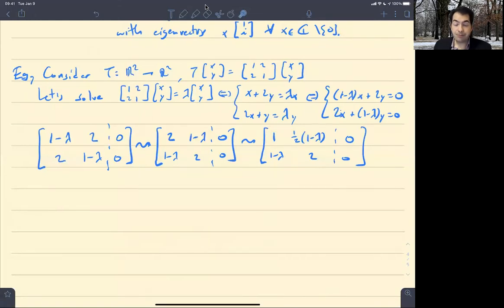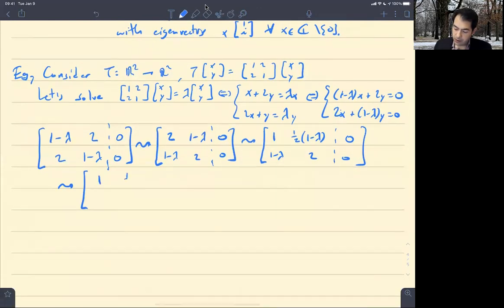It's a 1. I want to clean up its column. So what I'm going to do is multiply this row by minus (1 minus lambda), and then add it to this row, and that way I'm guaranteed to get rid of that entry. So nothing's going to happen to the first row, but I'm going to kill this entry.